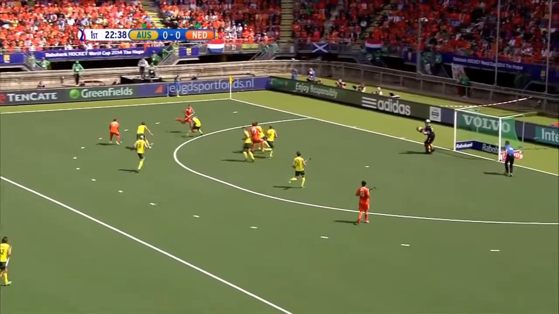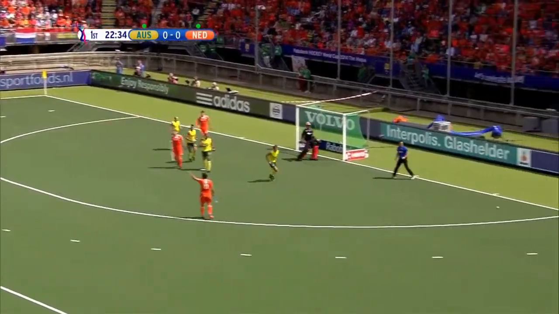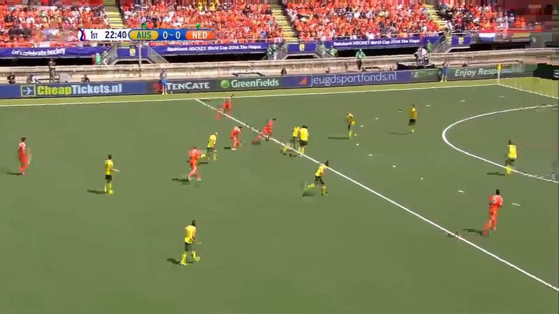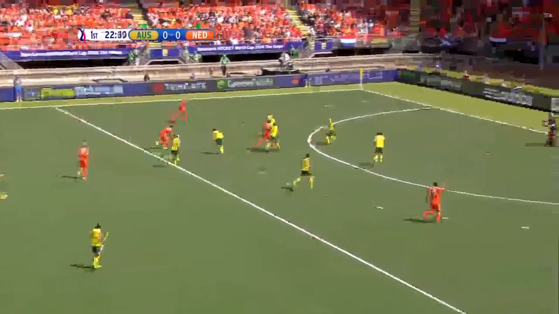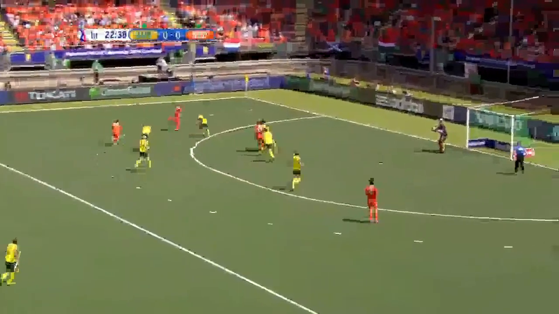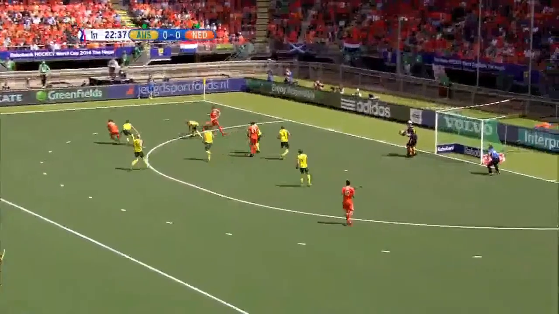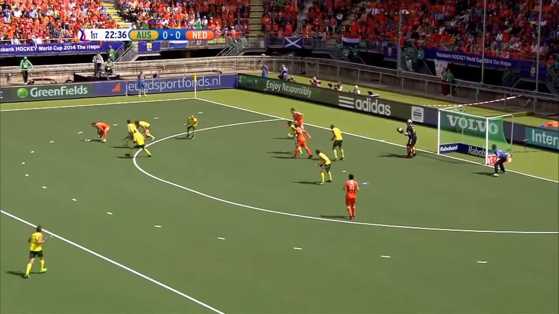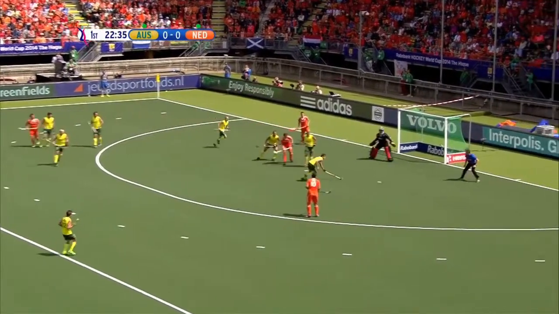Moving to position between the ball and an opponent and backing in from the Netherlands player, or barging from the Australian player. Both occurred, but the foul by the Netherlands player was the first one. But neither action was penalised.